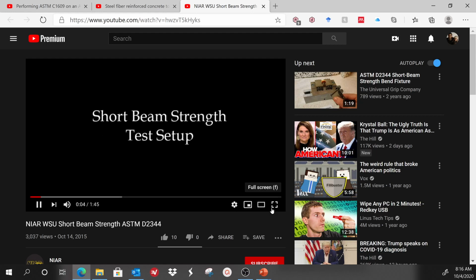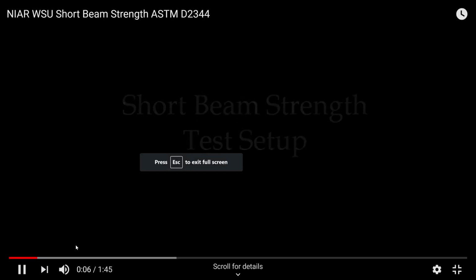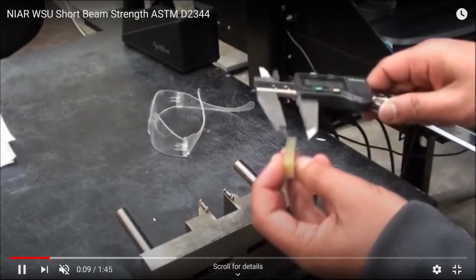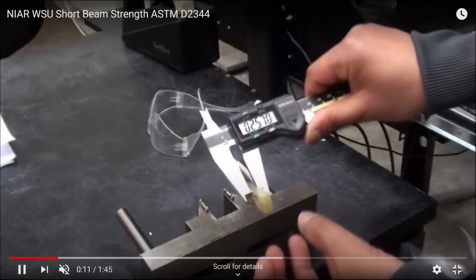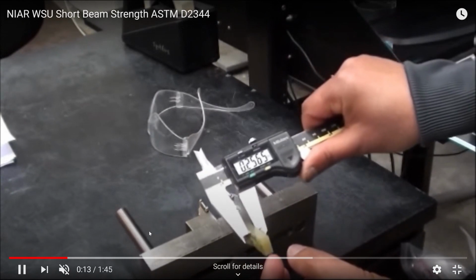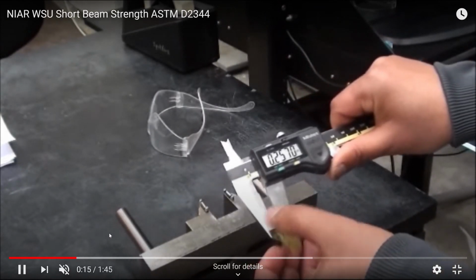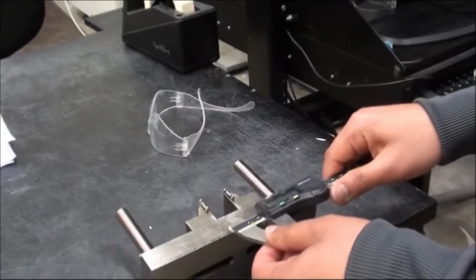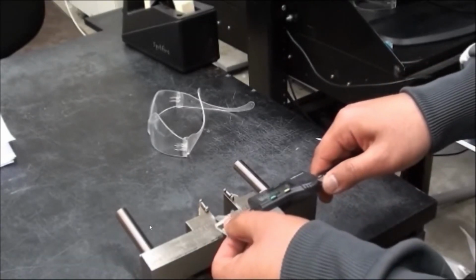The quality of the sound in this video is terrible, so I'm just going to mute the video. As you can see, you have to make sure all of the measurements are following the standards, the ASTM standard.